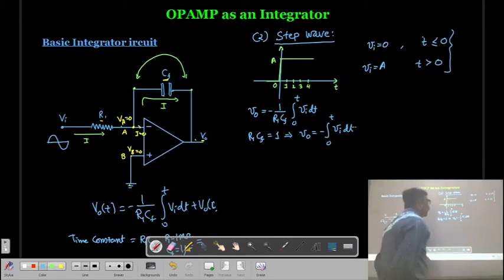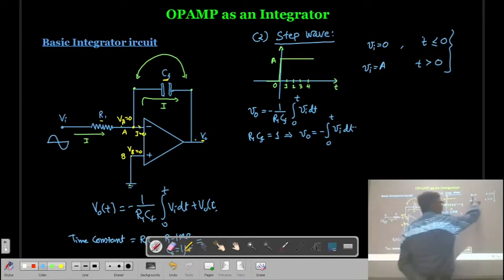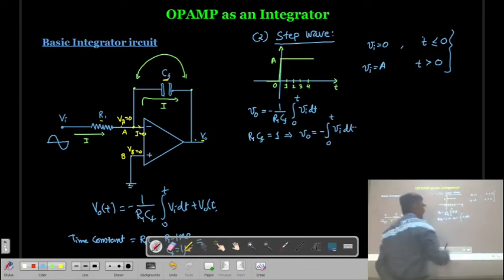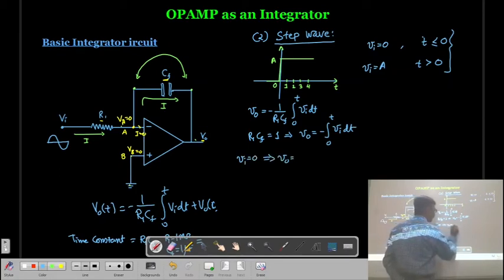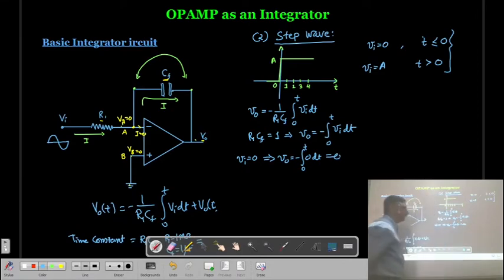So now what is my function? Remember, when the input voltage is 0, naturally the output voltage will also be 0. So when my input voltage is 0, the output voltage is the integration from 0 to t of 0 dt, and that is going to be 0.